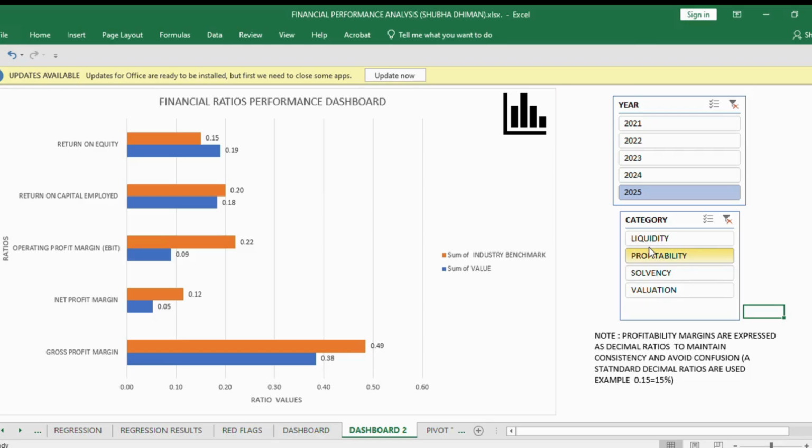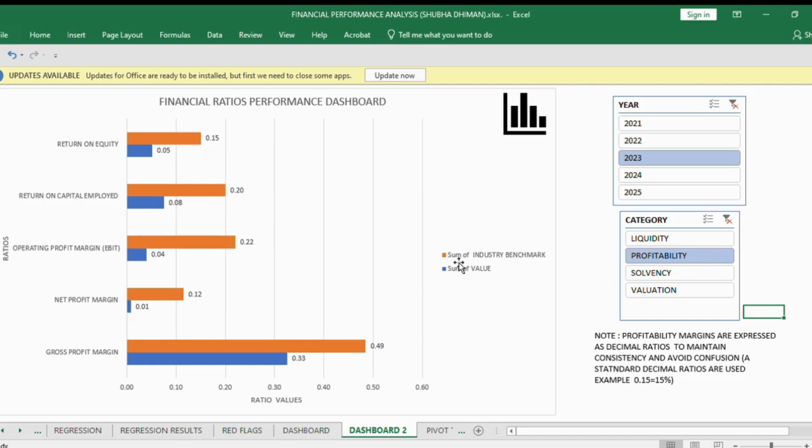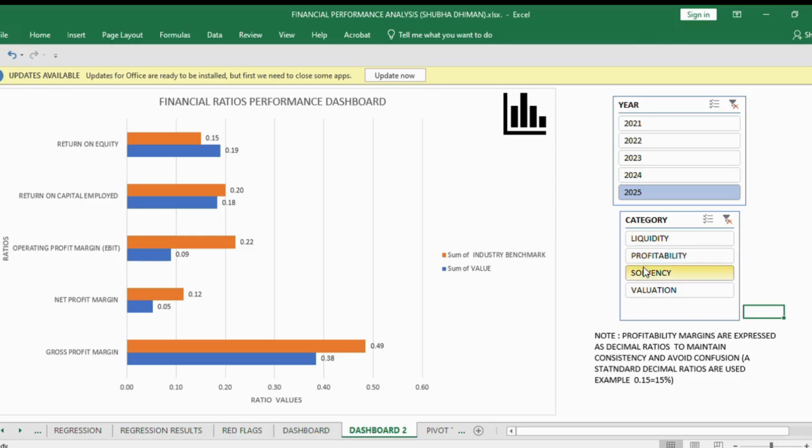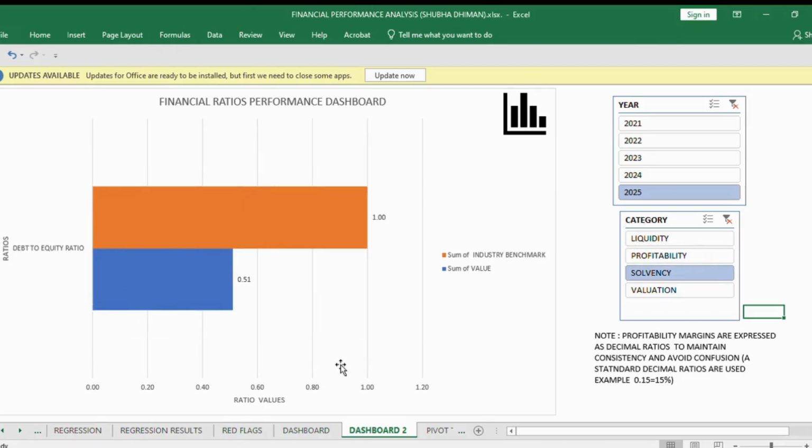This allows a manager to compare our performance against the industry benchmark, which is indicated by this orange bar. For example, if I click on 2025 and the solvency ratio, we get the exact ratios for 2025 and for the category solvency.